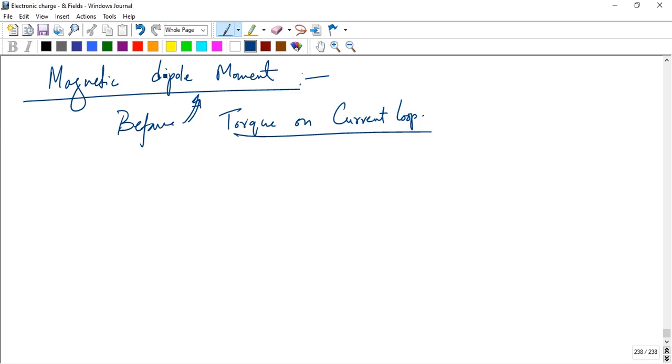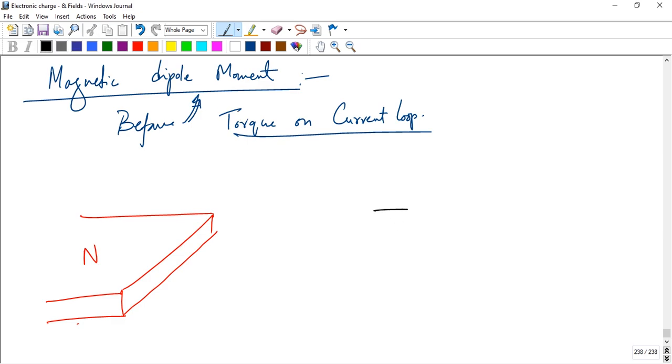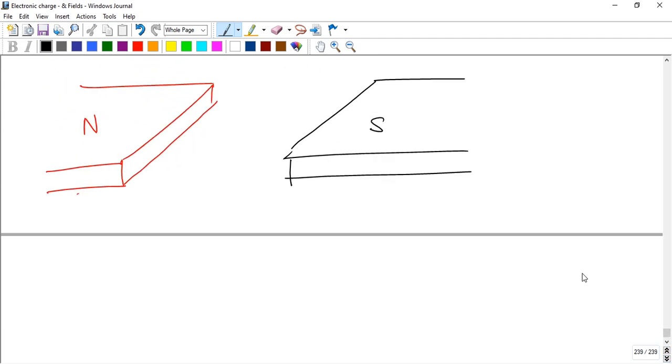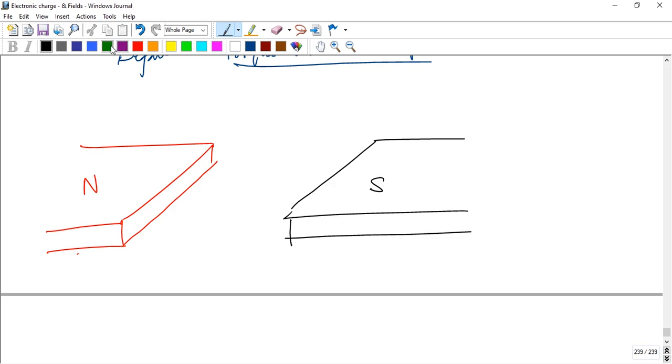So here there is a north pole, and that is the south pole. So the magnetic field B is in the north to south direction. Now here we place a loop.